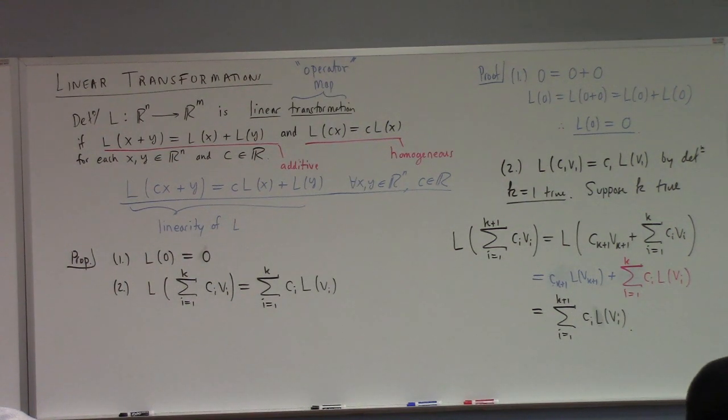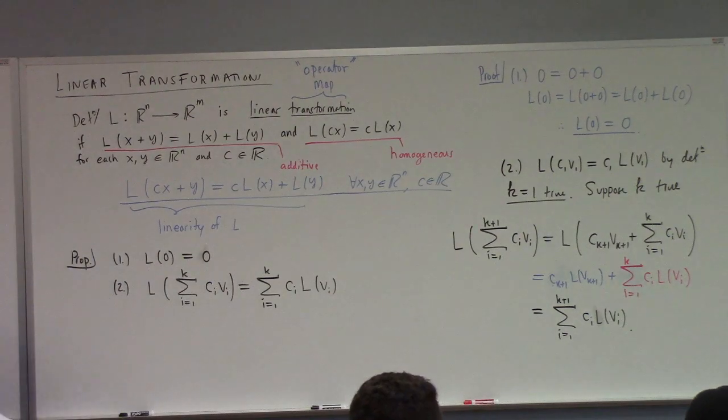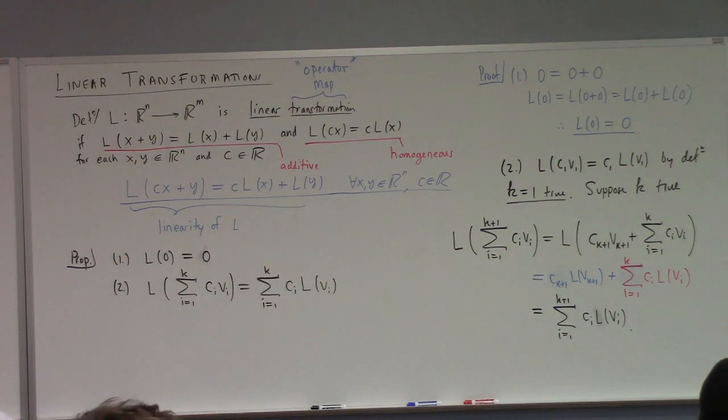By the additivity. And then I can pull a constant out. And then I can pull the constant out over here and break up across that sum. So if you look at it, you should be able to convince yourself that if we can pull constants out for one vector, we can pull them out for more. We can break across a sum of two vectors. We can break across a sum of three or more.